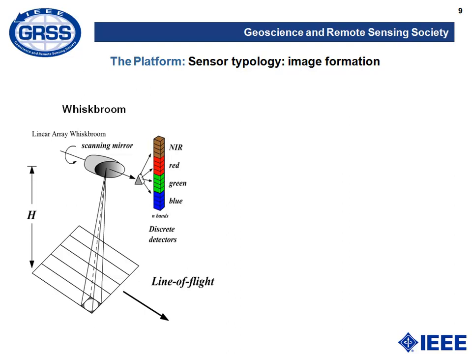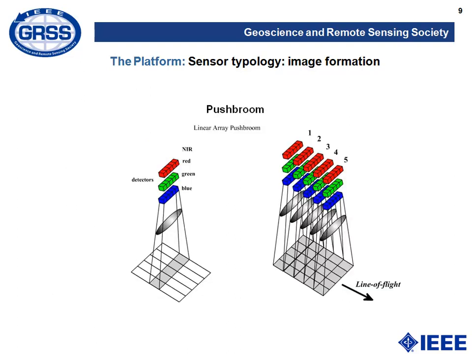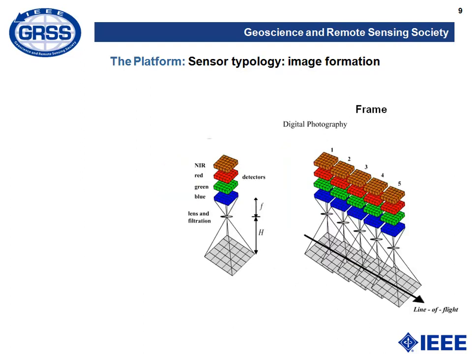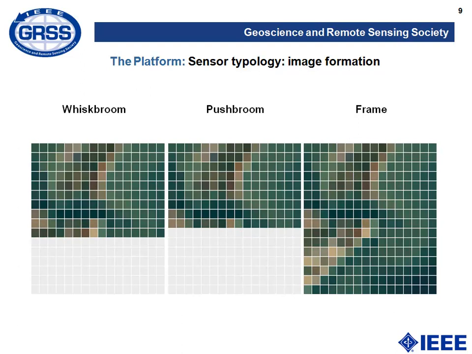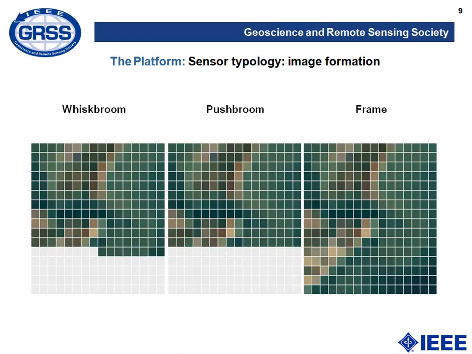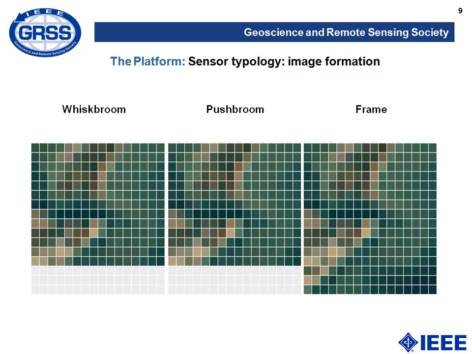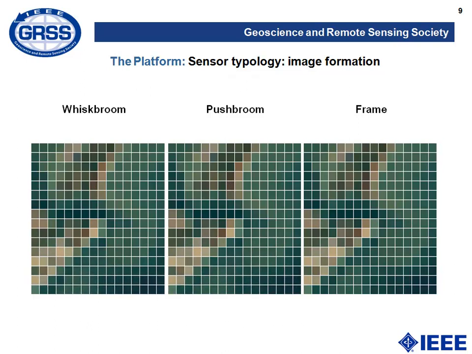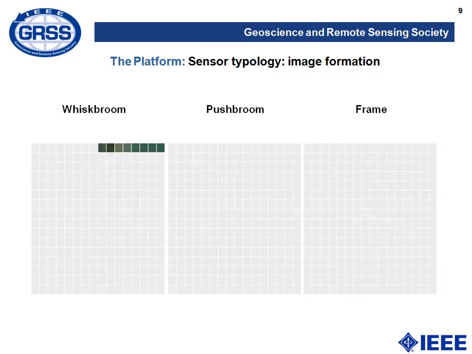The whisk broom, with a scanning rotating mirror. The push broom, which uses the velocity and direction of the satellite's line of flight and just takes frames like digital photography. In this animated image, you can see how the image is finally formed with the three main sensor technologies.